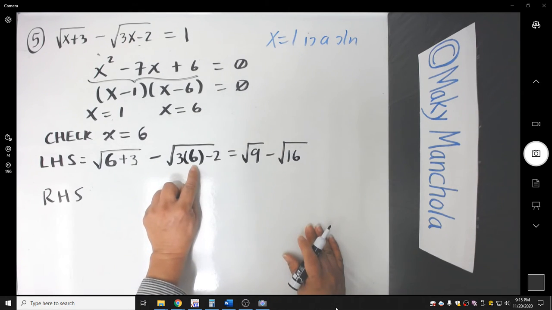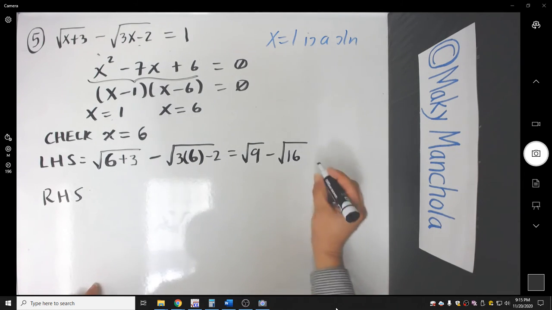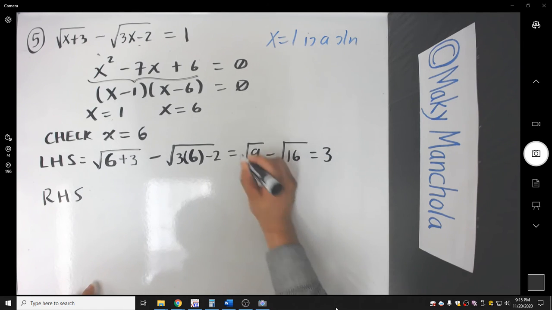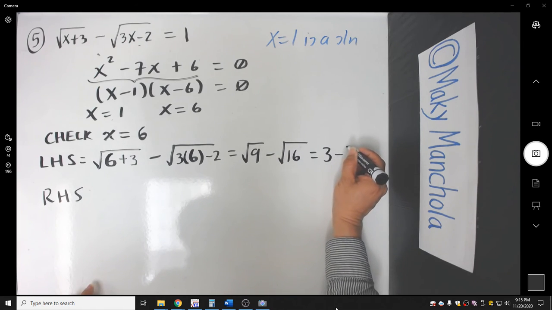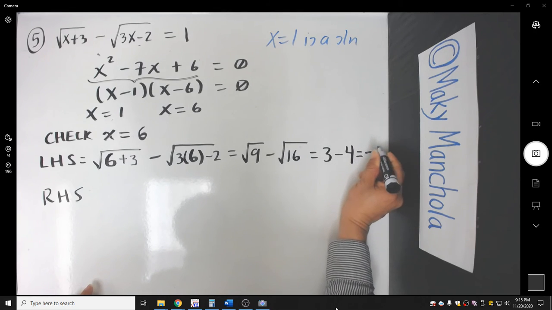Observe, 3 times 6 is 18 minus 2 is 16. The square root of 9 is 3, minus the square root of 16, which is 4, and the answer to that is -1.